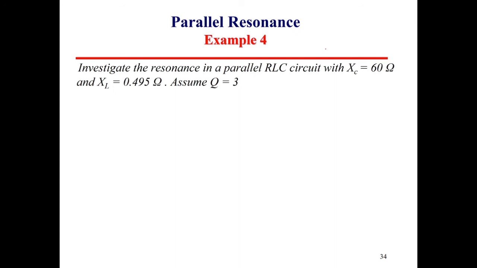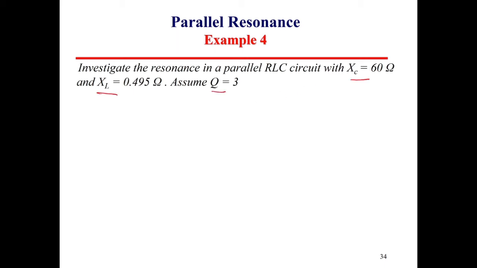Let us look at this example. We have to investigate the resonance in a parallel RL with XC equal to 60, XL equal to 0.495. Assume a Q equal to 3, and we need, of course, to find the resonance frequency, so it will be the square root of XC over XL.